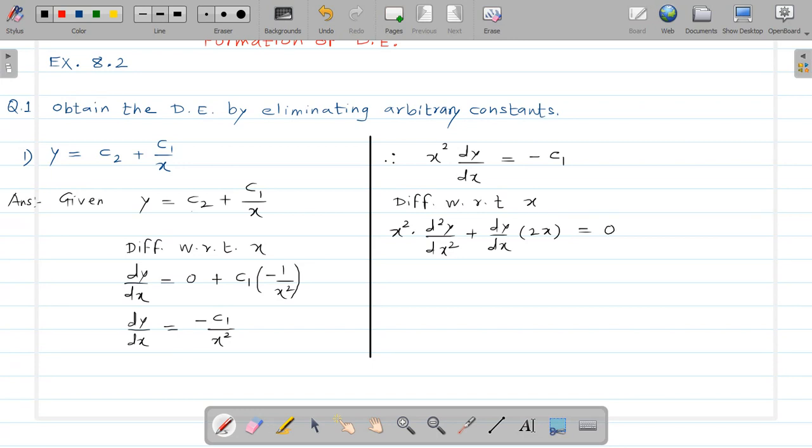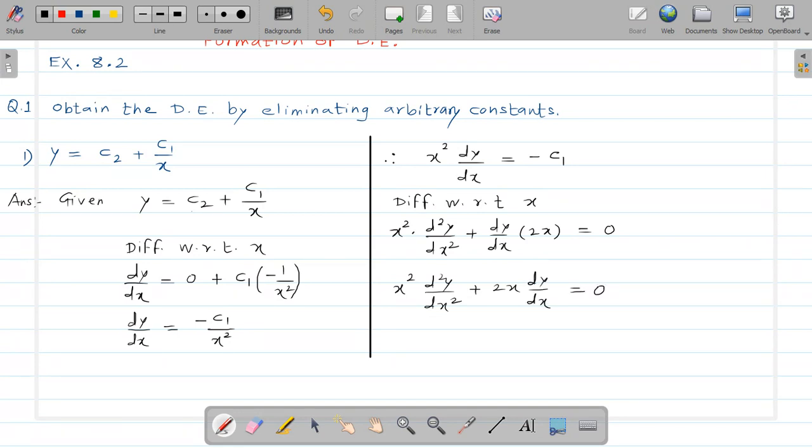So both the derivatives are completed here, means up to second order derivative we have completed it, and also we have removed the arbitrary constants. So what we get after this is the differential equation x square into d square y upon dx square plus 2x into dy by dx is equal to 0.